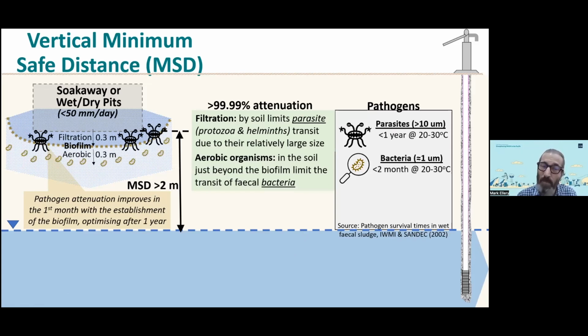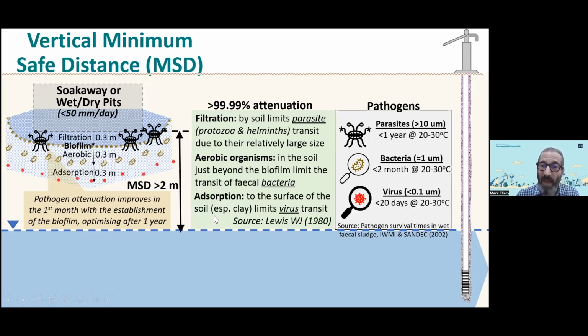The second, within about the next 300 millimeters, directly below the biofilm, there will be an aerobic zone established, in which aerobic bacteria, aerobic organisms will hunt fecal bacteria and will tend to attenuate all of them within about the next 300 millimeters.